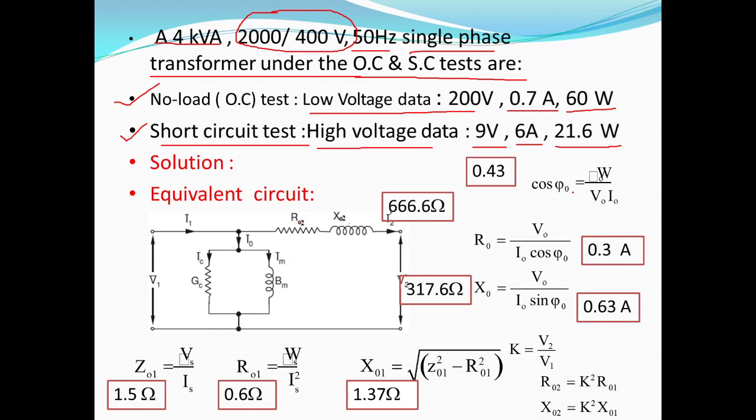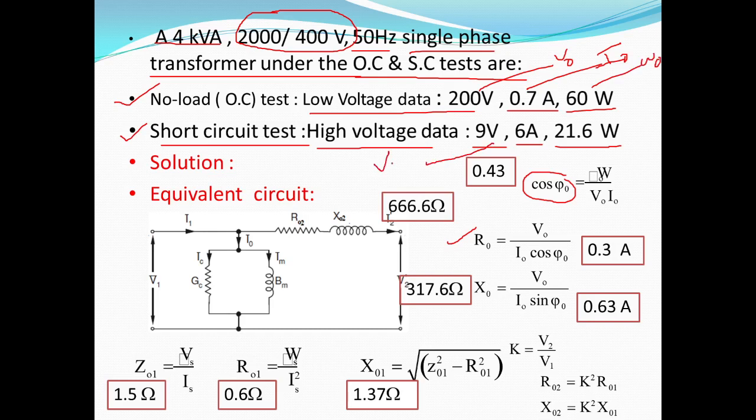We all know cos phi is equal to the wattmeter reading upon voltage into current. So R naught is equal to V naught upon I naught into cos phi naught. With the help of the no load test results, V naught, I naught and W naught are the open circuit test results.